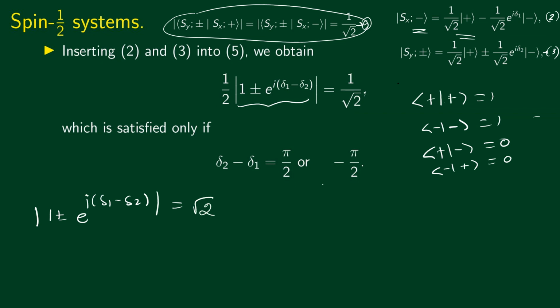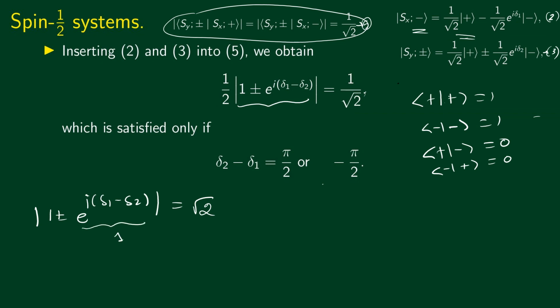Here I already have the real part of this complex number equal to 1. I need the modulus to be square root of 2, which means that the imaginary part also has to be 1.